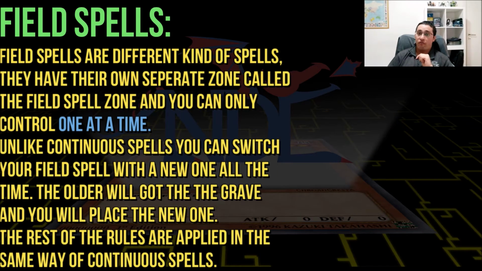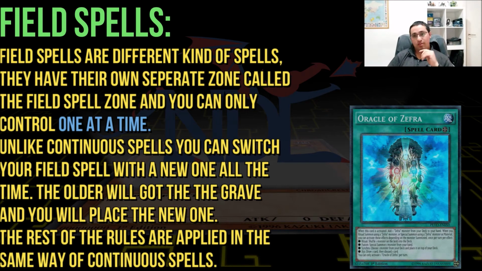Next up, we're going to talk about field spells, which are just the same as continuous spells, but a little bit different, because they have their own special zone, called the field spell zone, which is in the top left of your field, if I remember the placement correctly. They're mostly very powerful cards for their own archetype, and they're supposed to have a very noticeable effect, because you can only have one of these at a time.